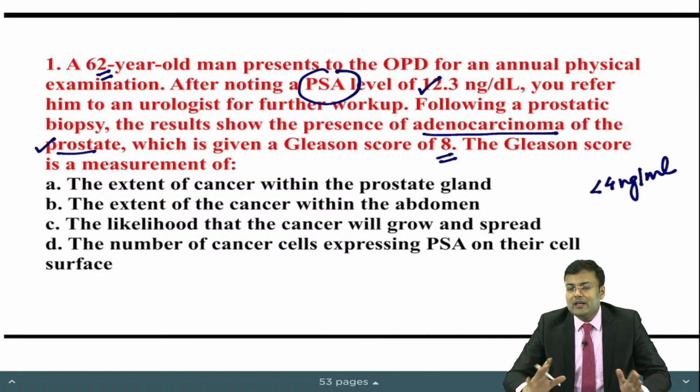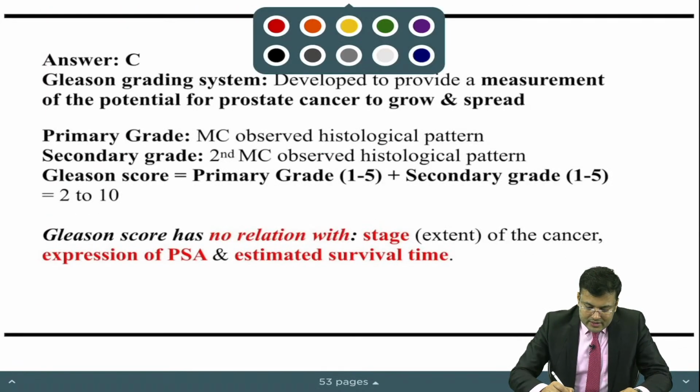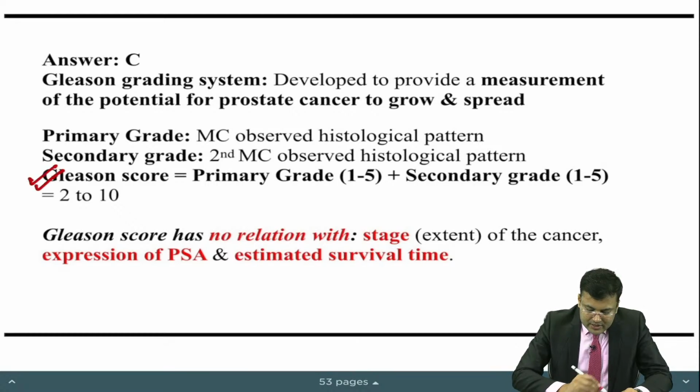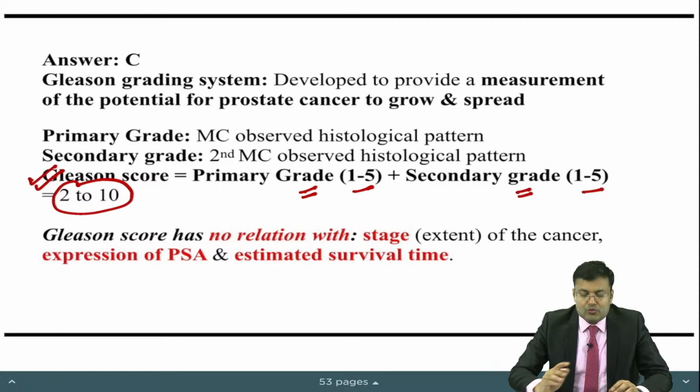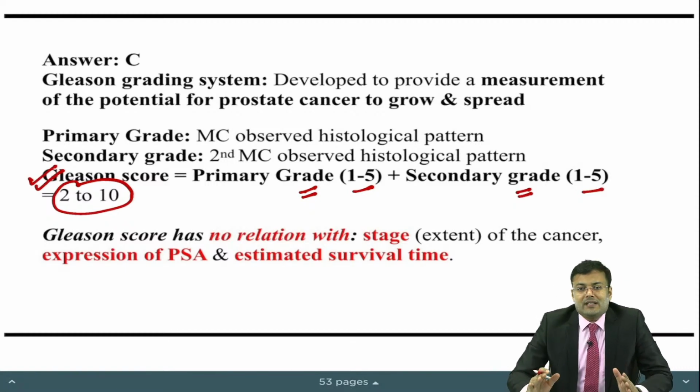The Gleason score is the sum of primary grade as well as secondary grade. So 1 to 5, 1 to 5, and that is why the Gleason score is 2 to 10.